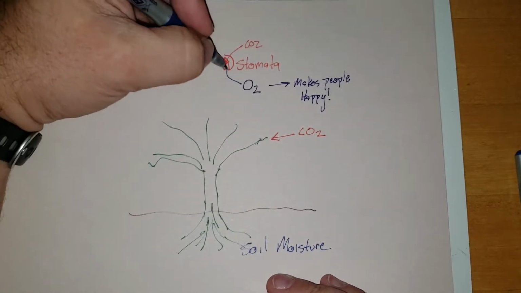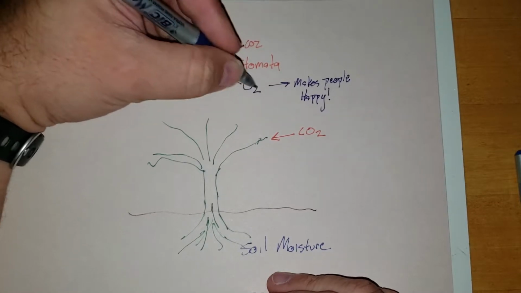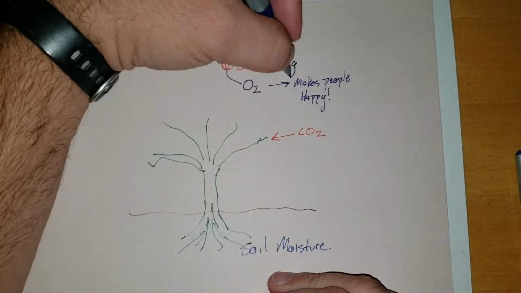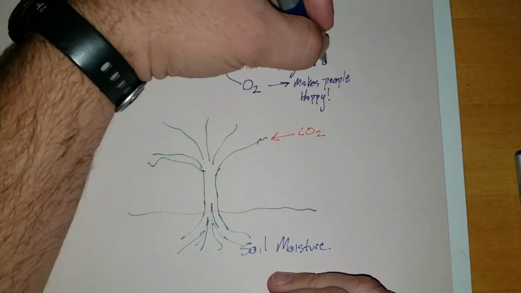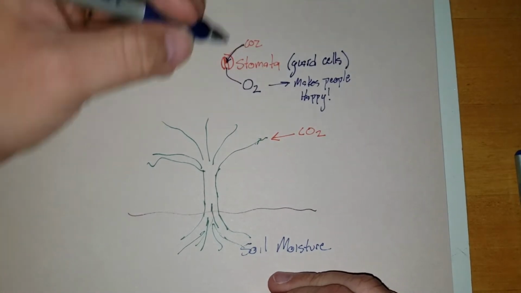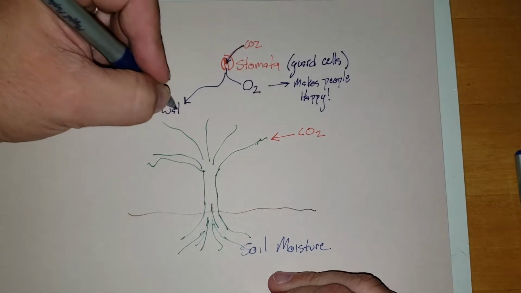Good. So the stomata open, they let in carbon dioxide. Coming out of that, sometimes they're called guard cells, on the bottom of the leaf, usually, O2 comes out, and then also what comes out is water.